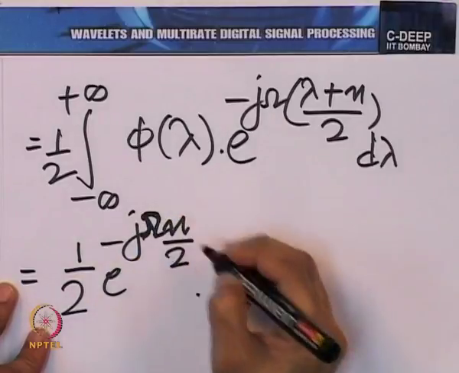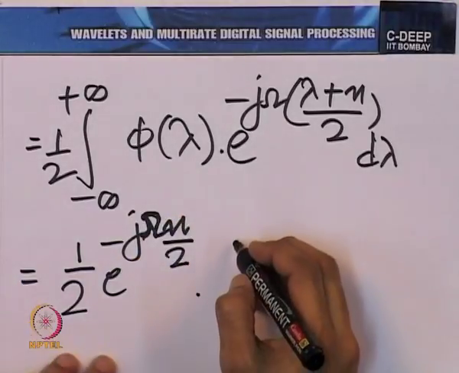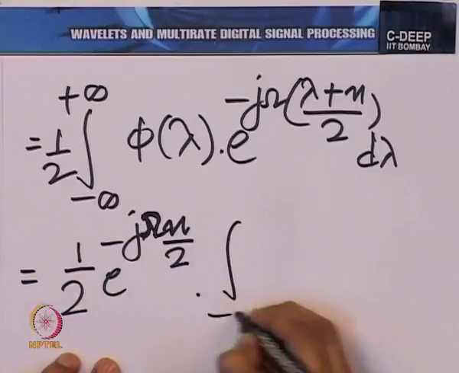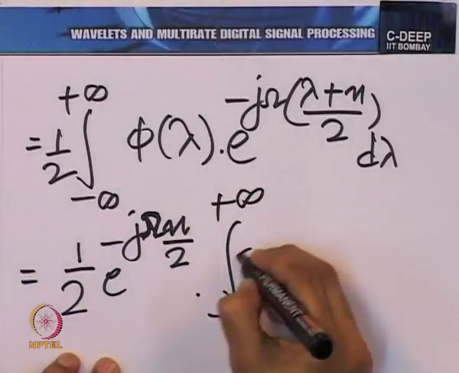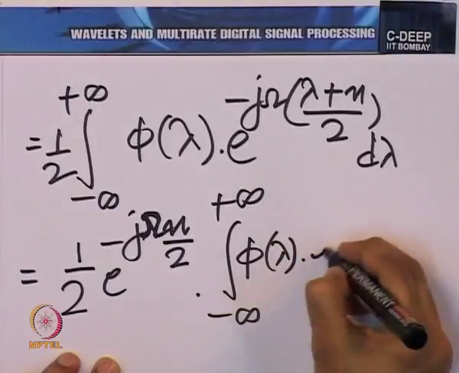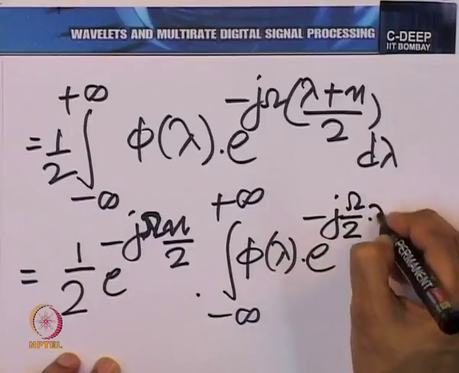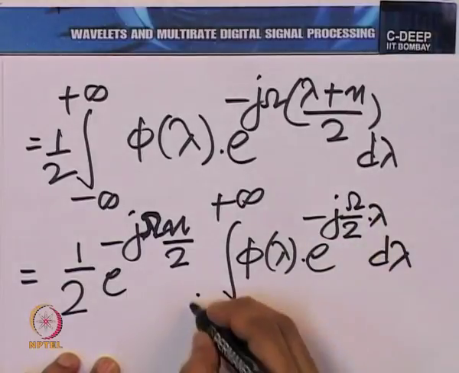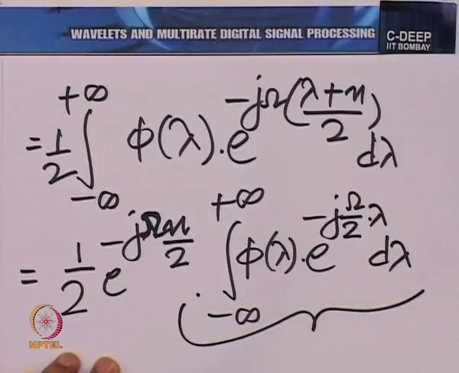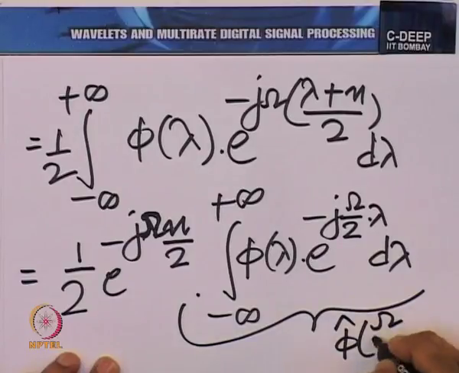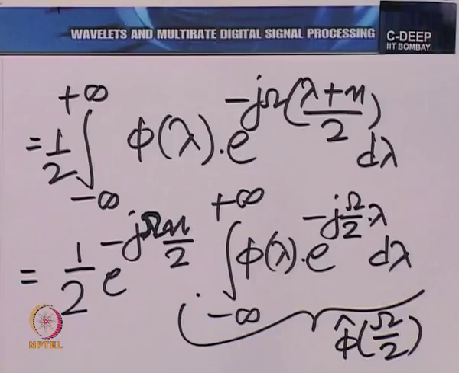So, this is e raised to the power minus j capital omega n by 2, and this is minus infinity to plus infinity phi lambda e raised to the power minus j omega by 2 lambda d lambda. And this is familiar. This is essentially phi cap evaluated at omega by 2, as one can see. The Fourier transform evaluated at the point capital omega by 2.